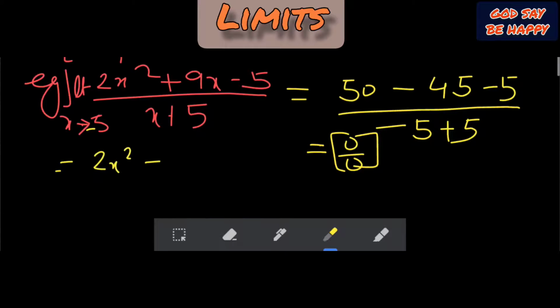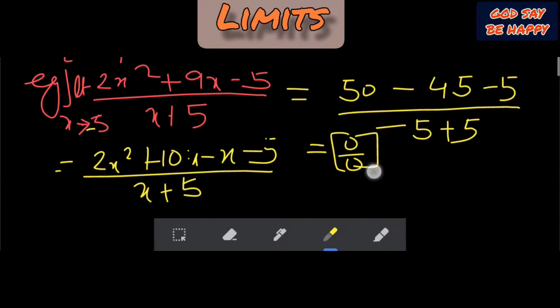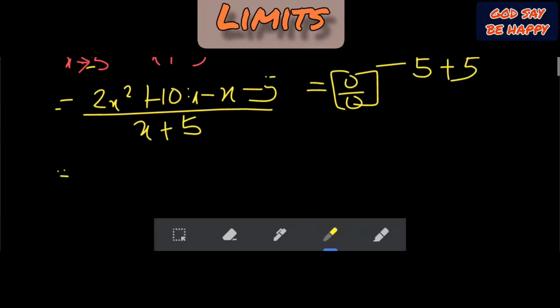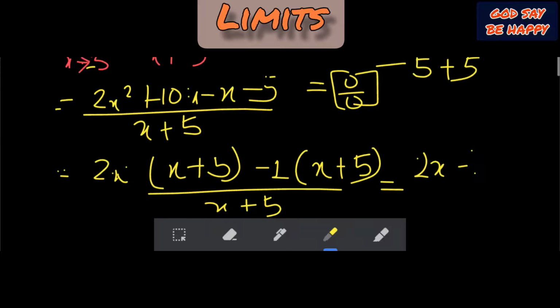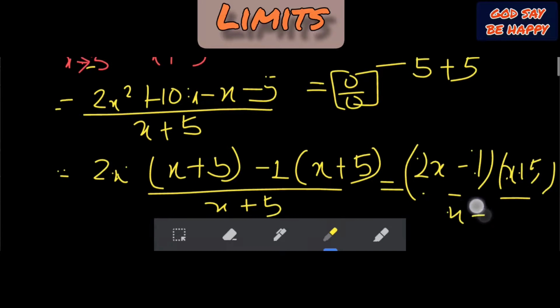So 2x square plus 10x minus x minus 5 upon x plus 5 equals, so we will take 2x common, x plus 5, minus 1 common, x plus 5, upon x plus 5 equals to 2x minus 1 times x plus 5 upon x plus 5.